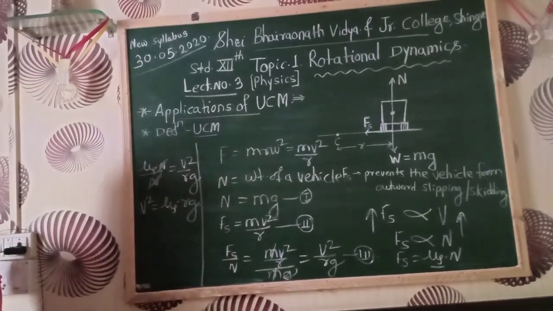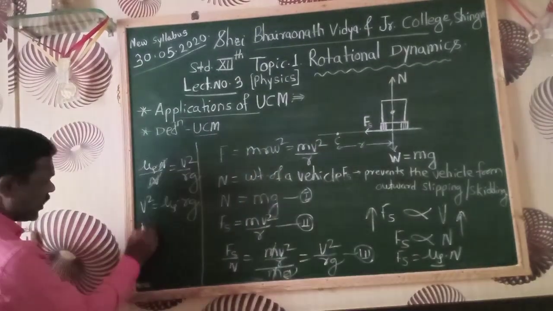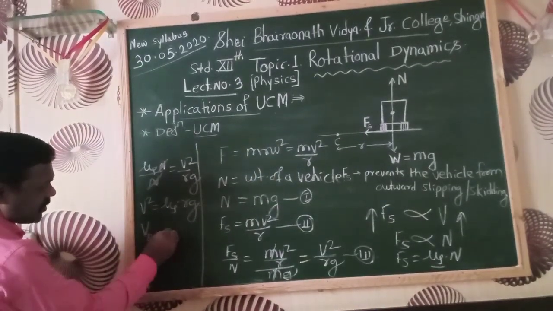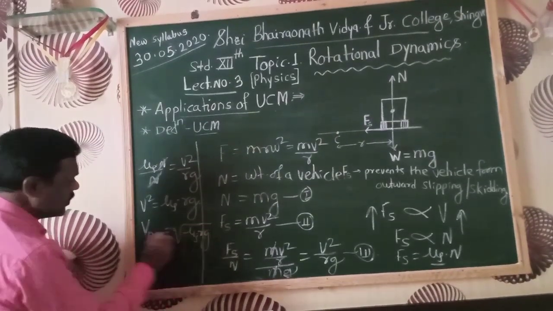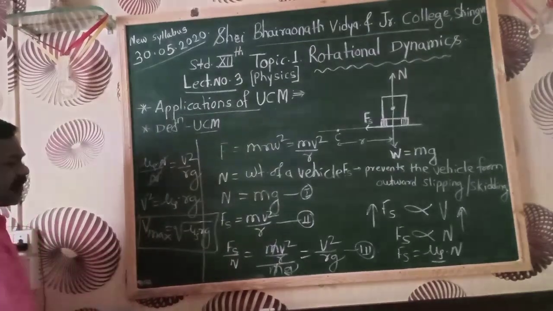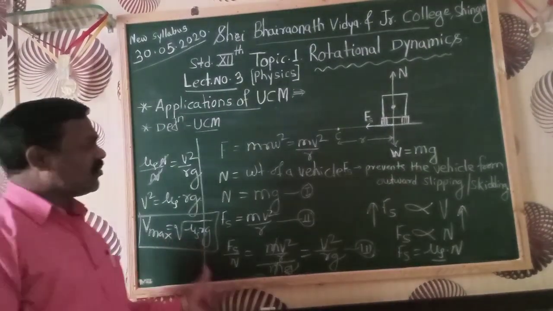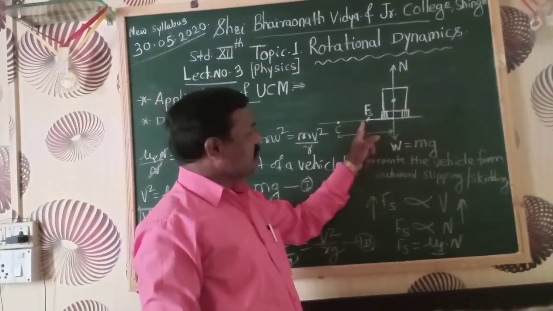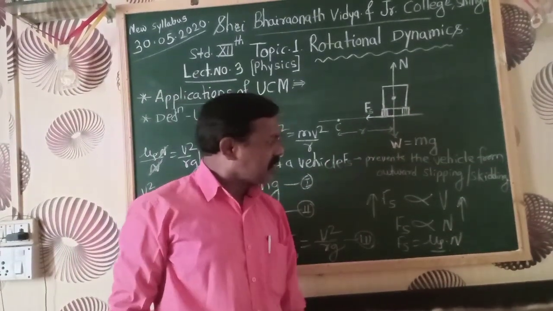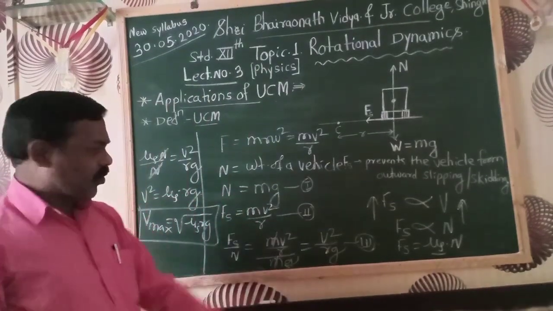Then taking the square root on both sides, we get v max equal to under root mu s rg. This is the required formula to calculate the maximum speed of a given vehicle moving along a horizontal circular track due to centripetal force.